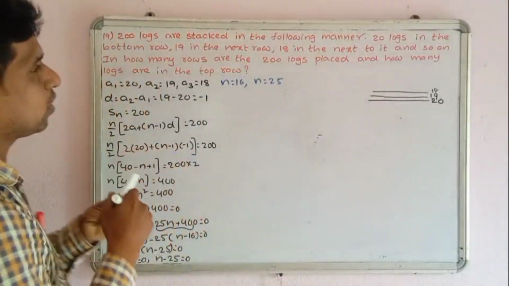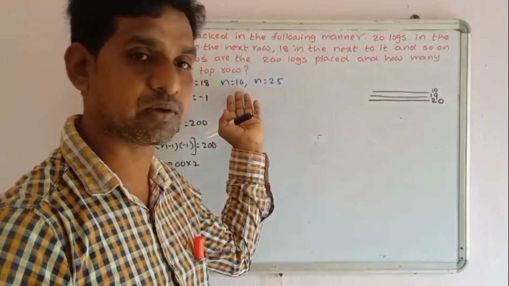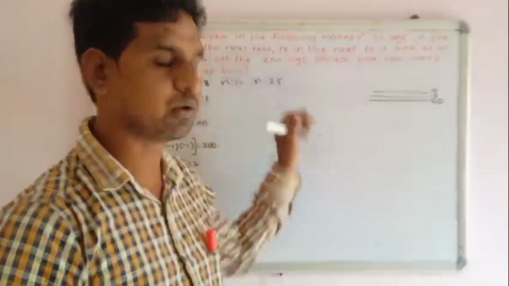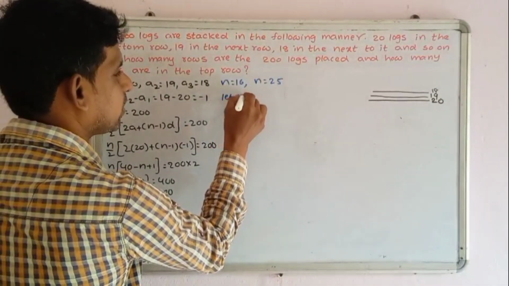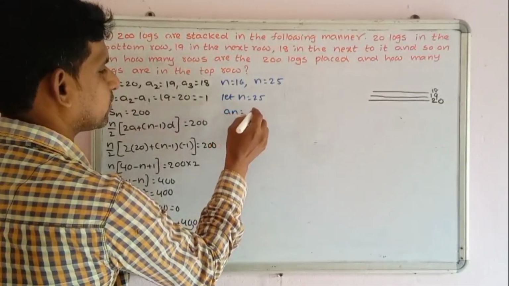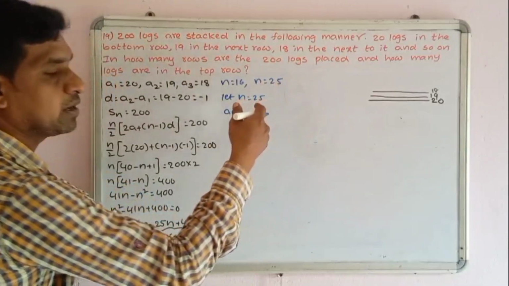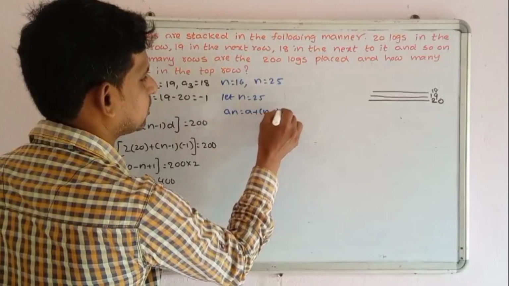So how many rows? n is nothing but the number of rows. Here two values are possible: n equals 16 and n equals 25. Let us suppose n equals 25. What about an? an is the number of logs in the top row. an equals a plus (n minus 1) into d.